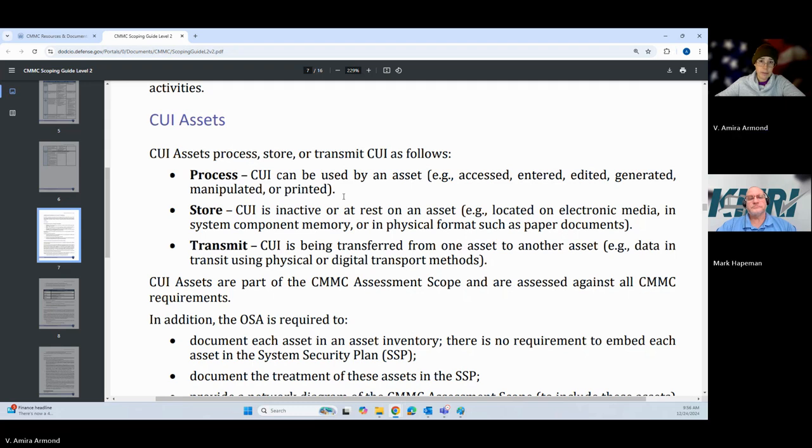It's out of scope, even if you're looking at CUI on the screen through that session. Great win, much easier.